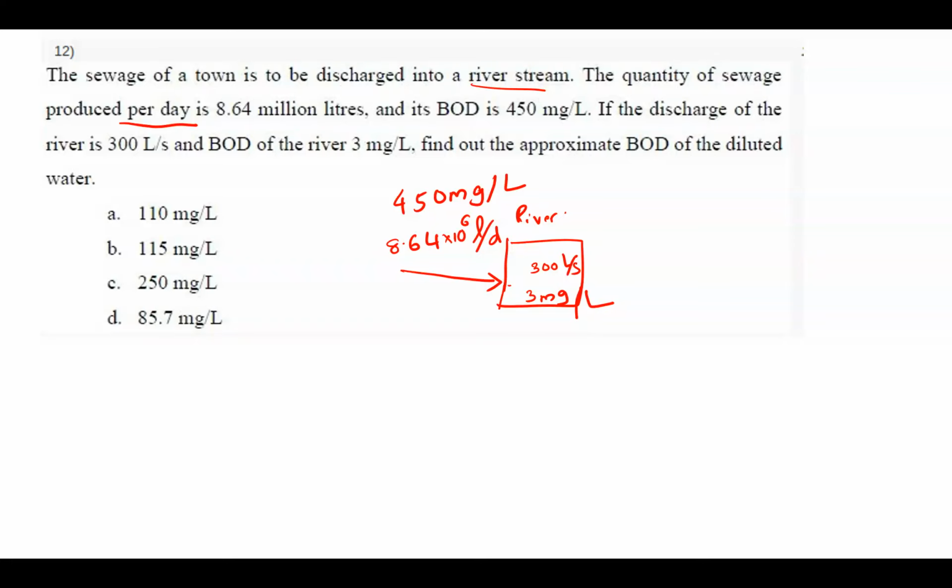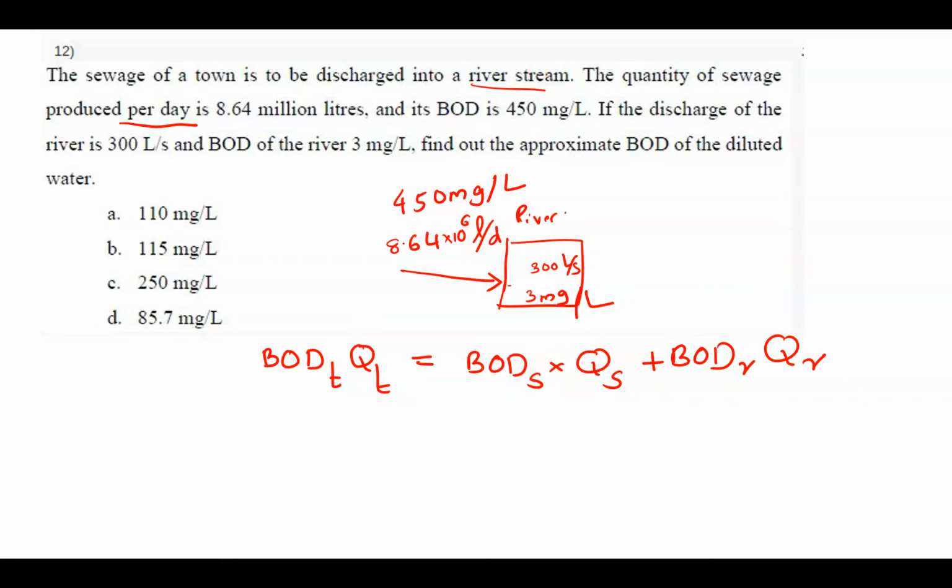Now we have to go for the balance equation. What is the balance equation? First we take the total BOD when these two streams are mixed together. BOD total into the total flow rate Q is equal to the BOD of the sewage into the flow rate of the sewage plus the BOD of the river into the flow rate of the river.